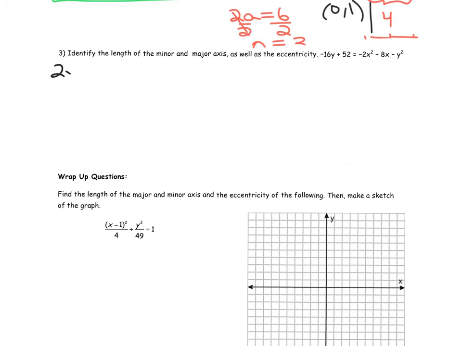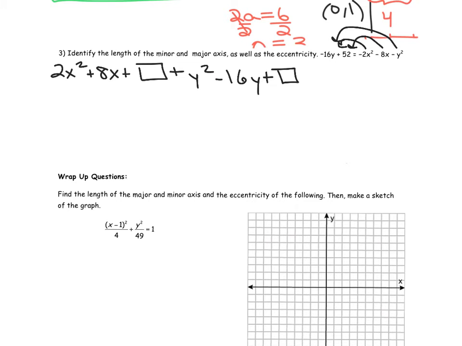I'll have 2x squared. I'm bringing that over. I'm going to bring the 8x over. So plus 8x plus blank plus, bring this y squared over, y squared minus 16y plus blank equals, bring over the 52, negative 52 plus blank plus blank.